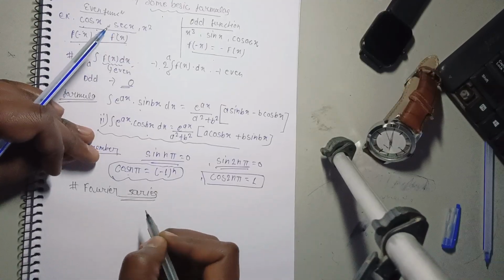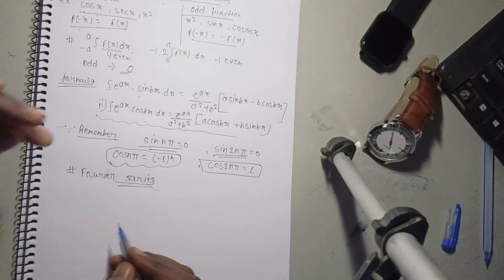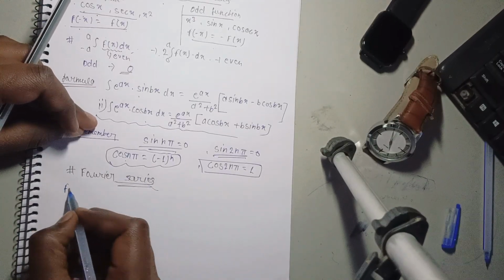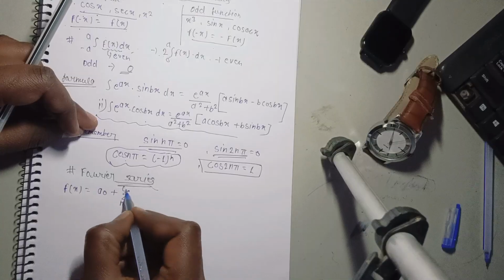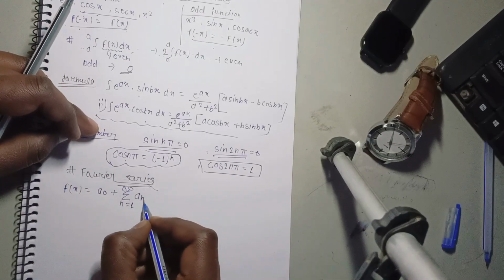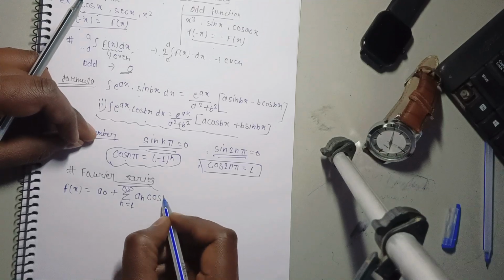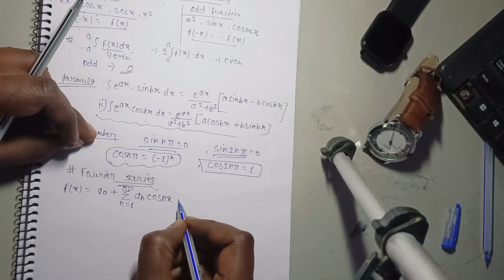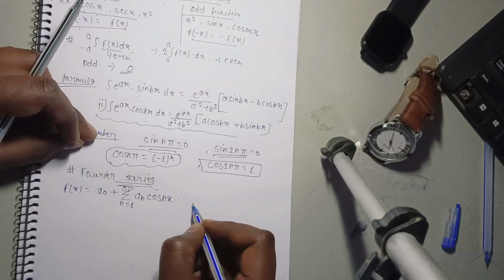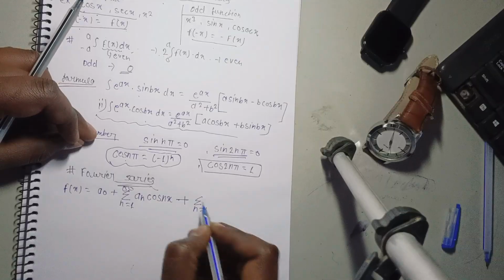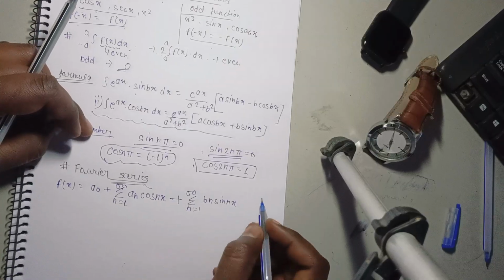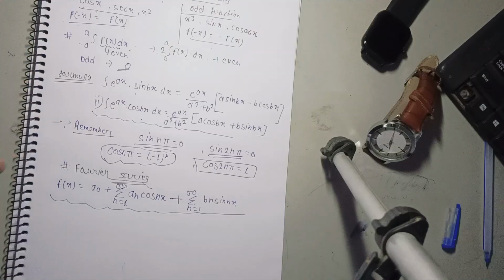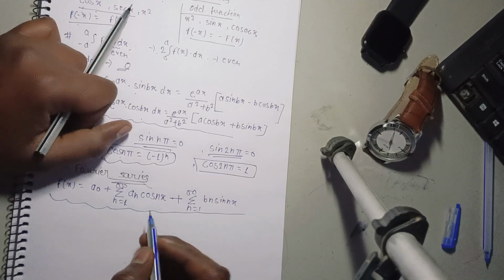So Fourier series is f of x is equal to a naught plus summation of n is equal to 1 to infinity a n cos nx, only cos nx, plus summation of n is equal to 1 to infinity bn sin nx. So this is the Fourier series.